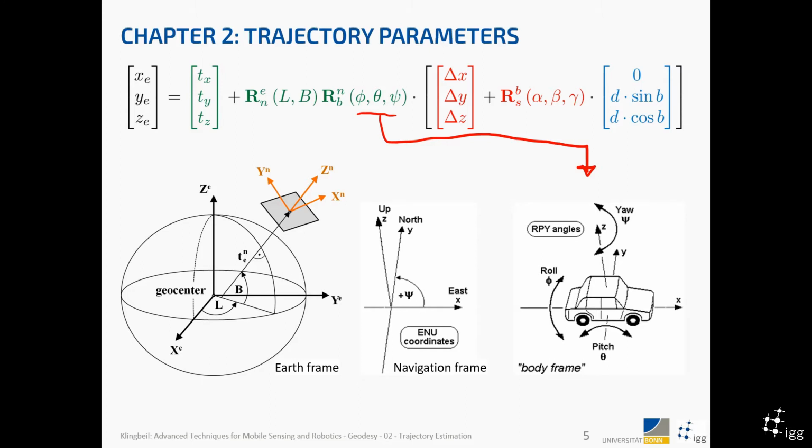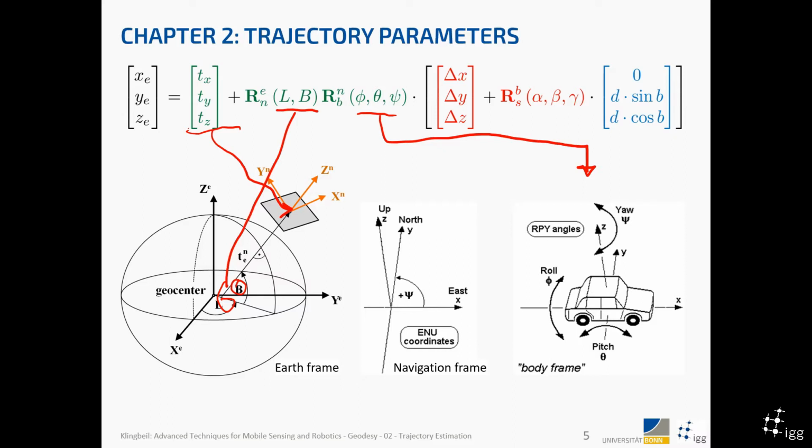And these coordinates here are basically the vector to the center of the body system, and these two here are just a reformulation of that vector in geodetic coordinates, and you can see them down here. They are necessary to transform the navigation system to the global Earth system.